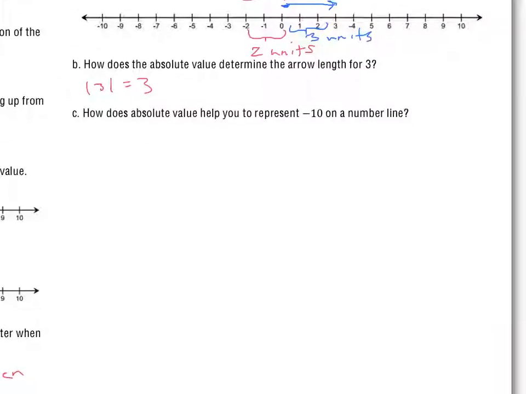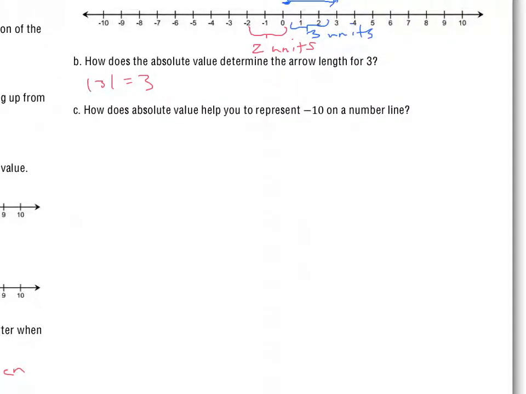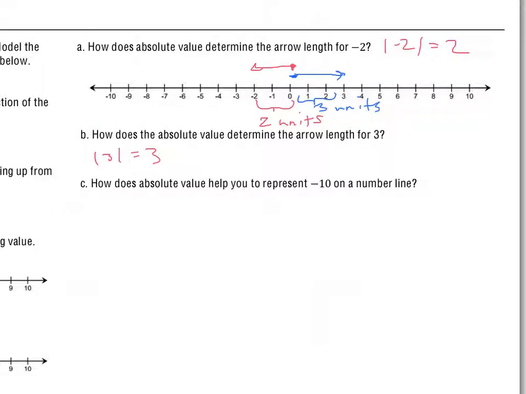So how does absolute value help you represent -10 on the number line? Well, if the absolute value is 10, then the arrow should be 10 units long.